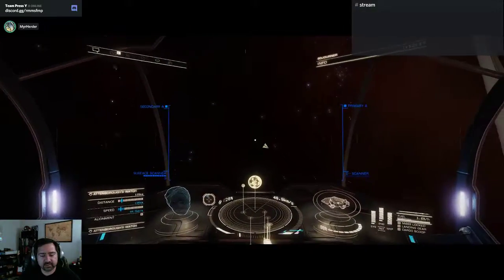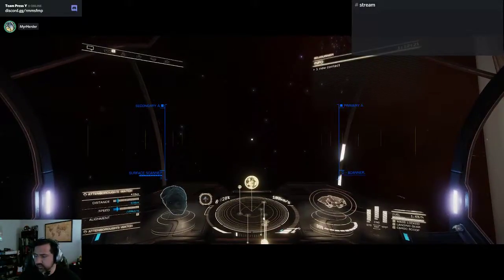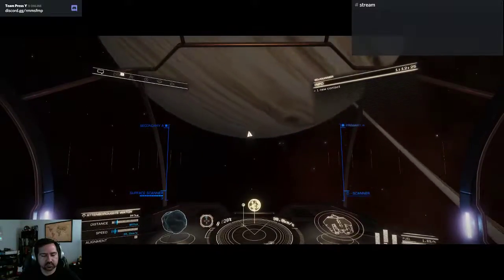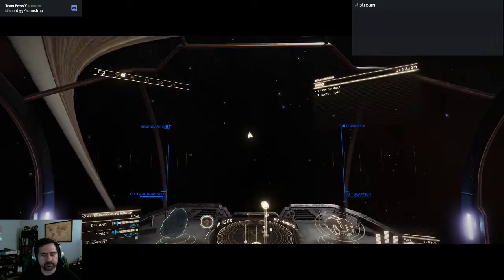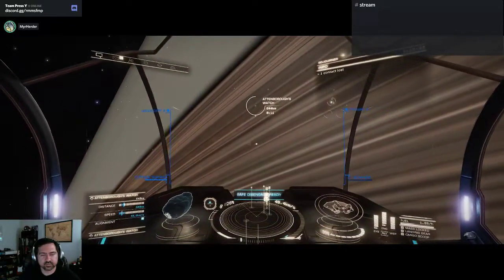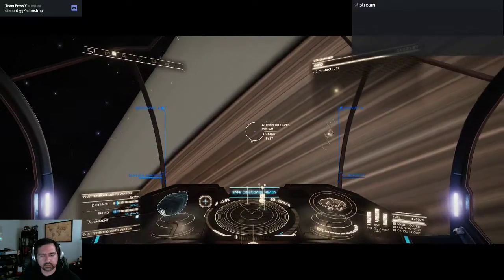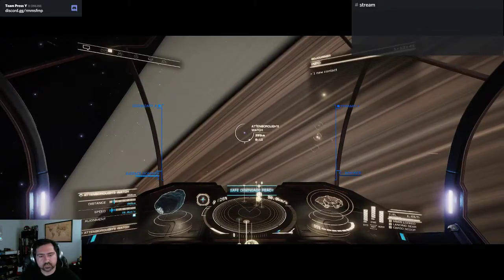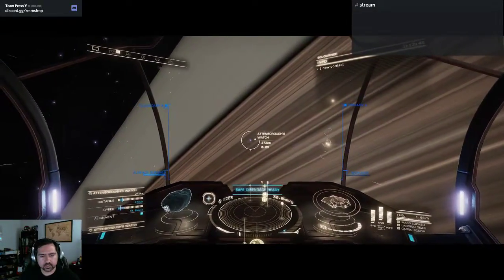Alright, I'm going to have to fly past it so I can actually turn around. So now I'm just orbiting it at this point. There we go. Safe disengage ready, but I want to get a little closer. So there you go, safe disengage ready on your screen.